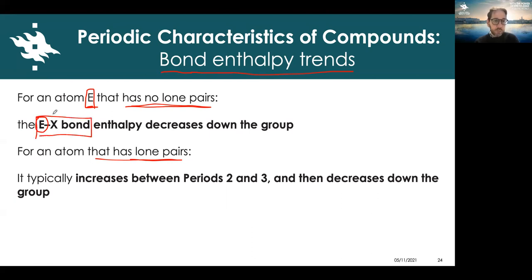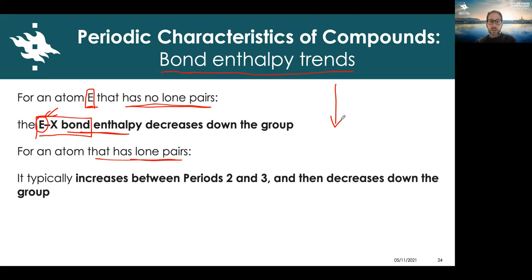If the atom does not have any lone pairs, it means that the bond enthalpy decreases down a group. So the bond energy, or the bond enthalpy, becomes lower when we go down a group.